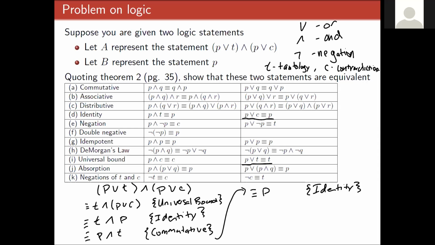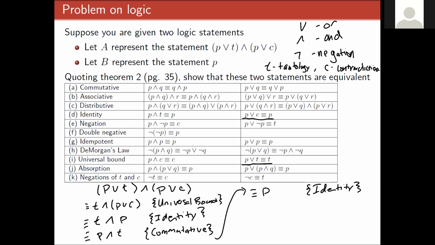And then, Jim, you said you were curious about an alternate path. What was that? Yeah, just recognizing the way that these are drawn up, it looks like you could use the distributive property first to get P or quantity T and C. Yeah, that's perfect. So we could definitely start there.